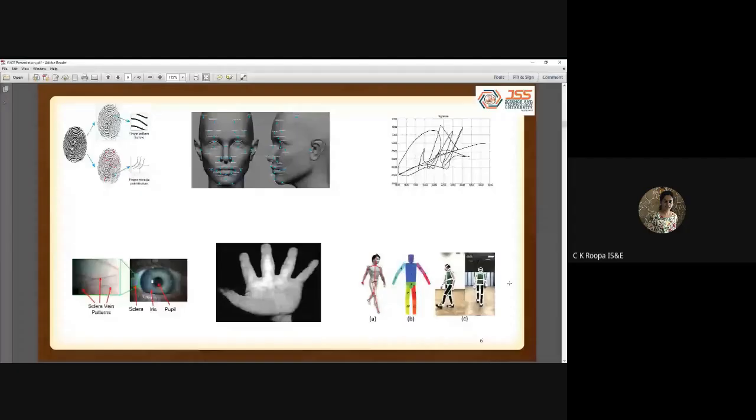Okay, so these are some of the very interesting problems that exist in the present literature. What are these basically? They are basically the traits. We'll call them the biometric traits that are used to identify a human personnel.